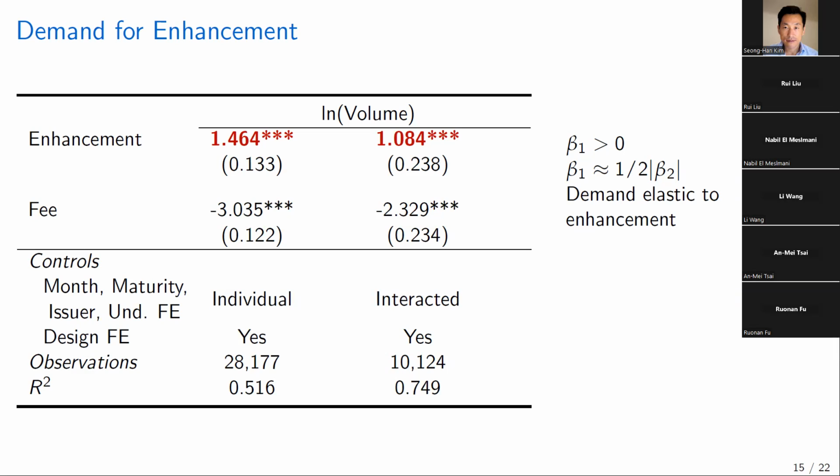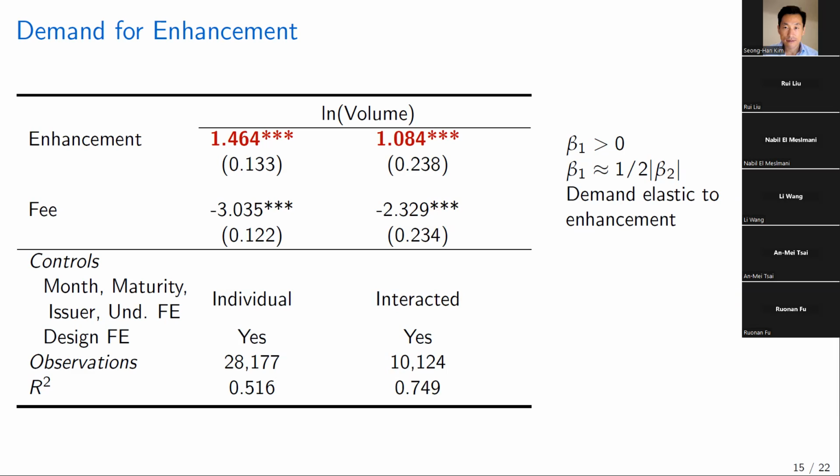So one thing I'm very interested in, right? There's another number that's interesting. Demand based on these coefficients is more sensitive to fee than to enhancement. But what's the elasticity of enhancement with respect to fee?